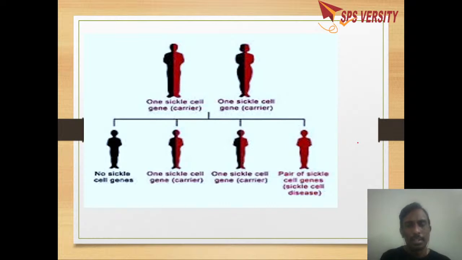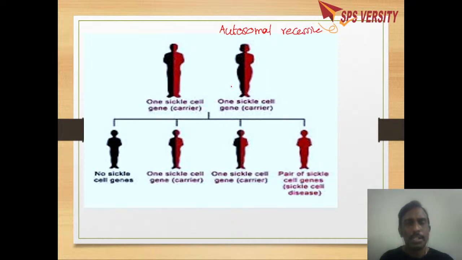So now we come to the study of sickle cell anemia inheritance. Sickle cell anemia is an autosomal recessive disorder. That means the gene which is responsible for the shape of RBC is present on an autosome.